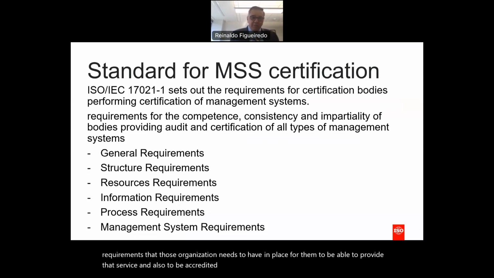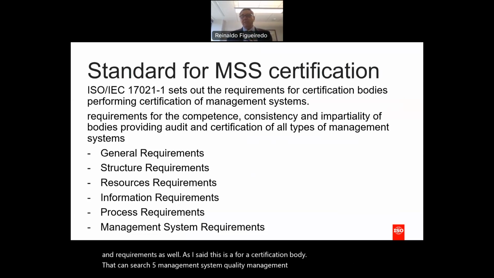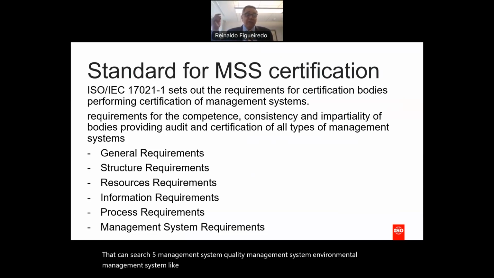Just some examples of types of management systems and requirements. As I said, this is for a certification body that can certify management systems: quality management systems, environmental management systems, cybersecurity, the 27000 series of standards.